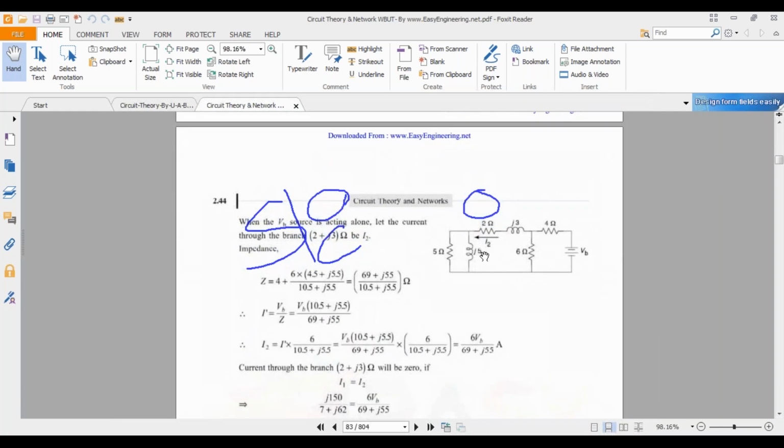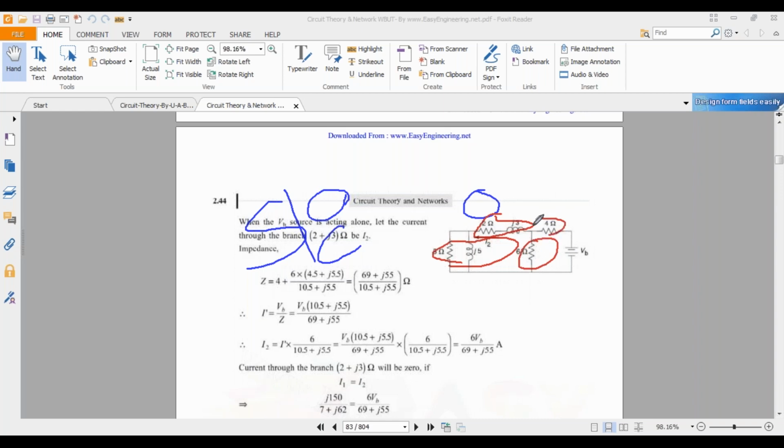Similarly, following the same manner, here J5 and J3 are again in parallel. What is the resultant? Again 2 plus J3 is in series. What is the resultant? Again it is in parallel. What is the resultant?